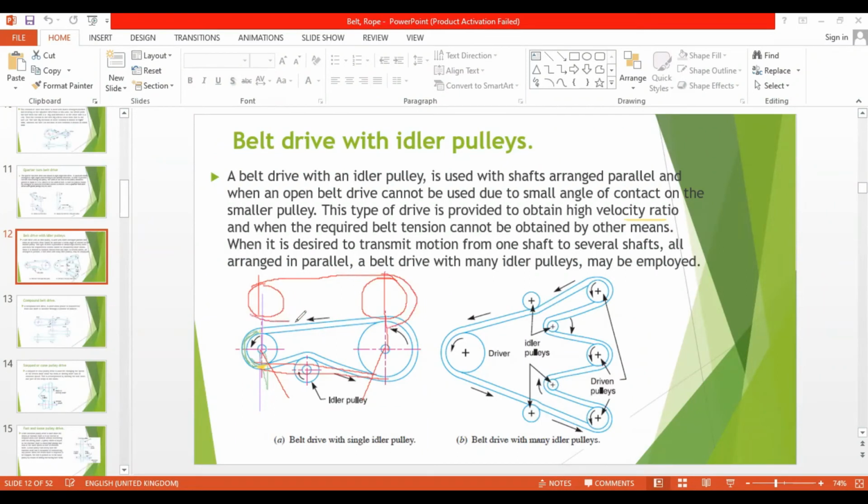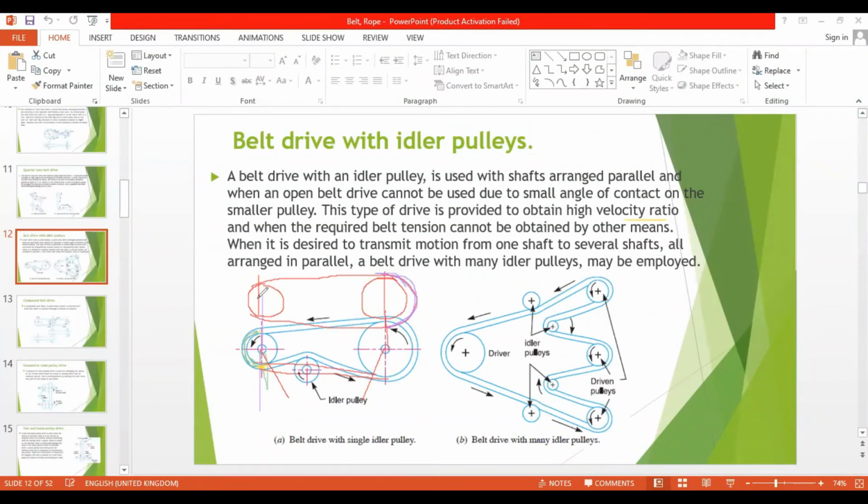Say, for example, it is going like this. This region is an extended region that may not be in contact with this pulley. This region which I am marking is extended due to the usage of it.